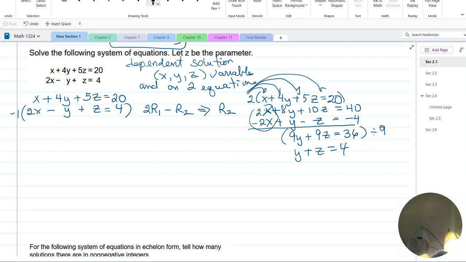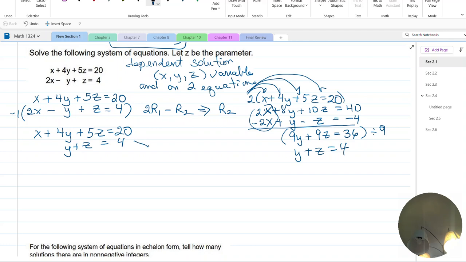Well, in this case, I now can do what y is in terms of z. So I have this now, x plus 4y plus 5z equals 20, and I have the new y plus z equals 4.